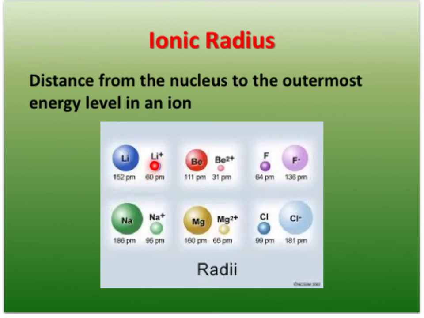So you see it decreases. Look at fluorine, the fluoride ion. Fluorine is 64 picometers. But the fluoride ion is larger. So we just talked about this. Cations are smaller than anions in the same energy level. So if you can look, you will see that. Same thing down here. Look at sodium compared to chlorine.